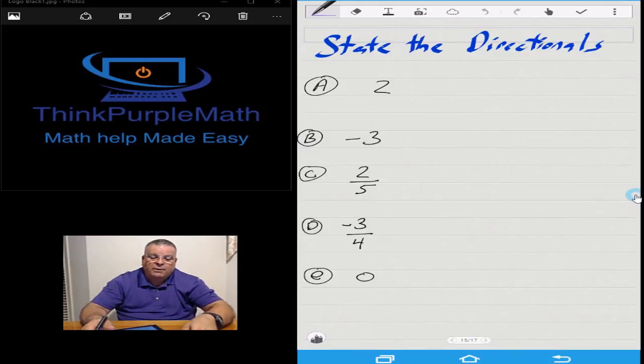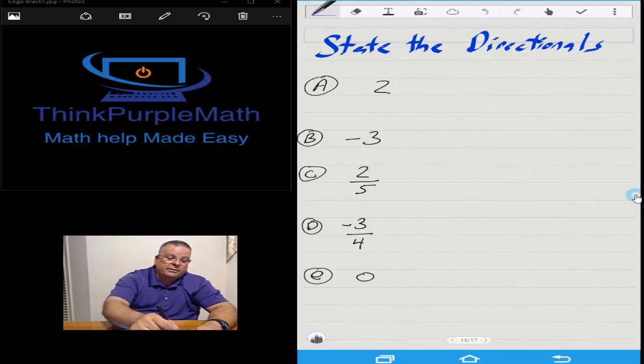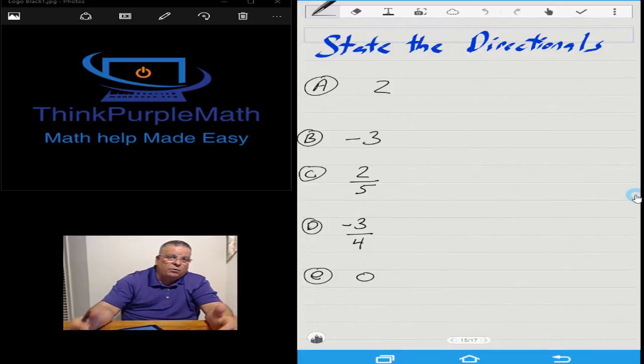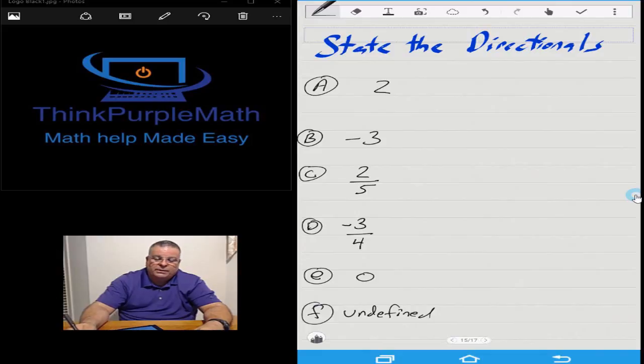All right, last little thing we're going to look at is stating the directionals. I use this often because I want students to know how to move from one point to the next. So I have 5 examples, and they are lettered A, B, C, D, E. And I'm going to include an F down here, and this is going to be an undefined slope where the denominator is 0. So if the slope was in example A, all slope can be thought of as a fraction.